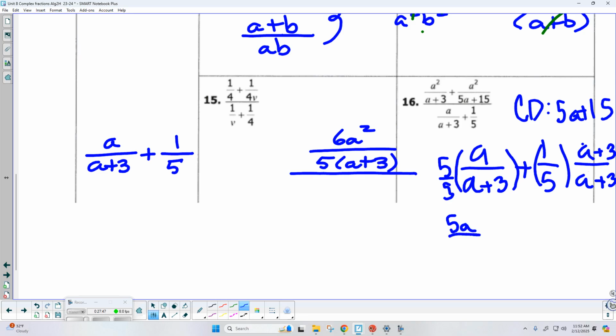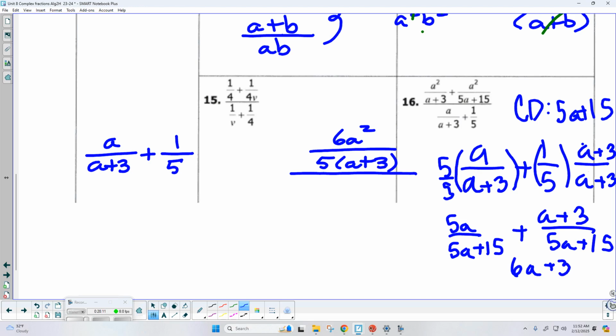So that one will give you 5a over 5a plus 15 plus a plus 3 over 5a plus 15. And now all we got to do is combine these. So it'd be 6a plus 3 over 5a plus 15.